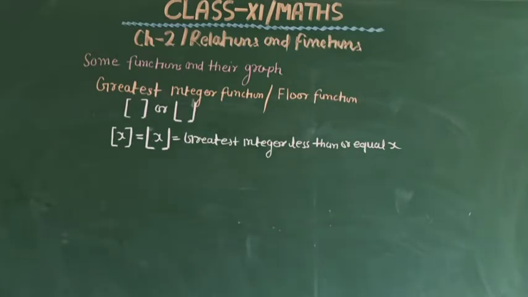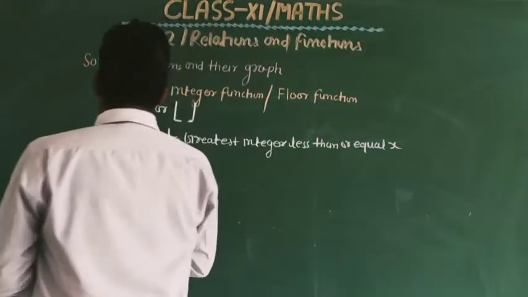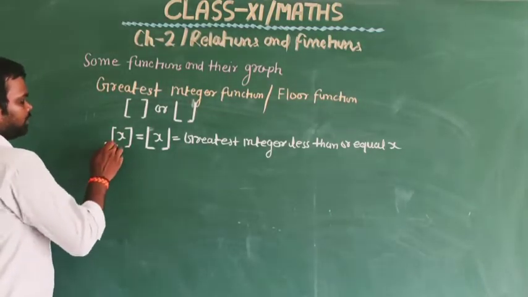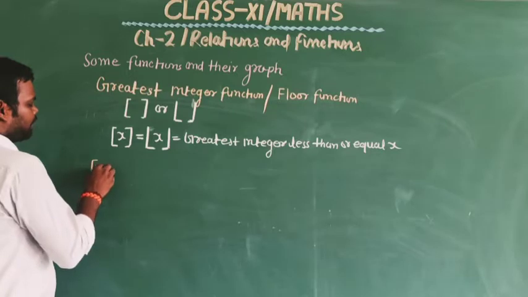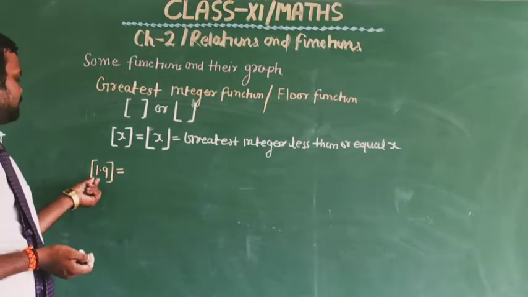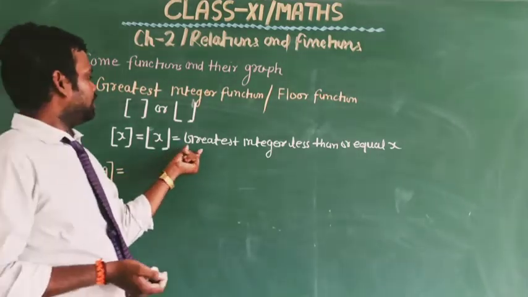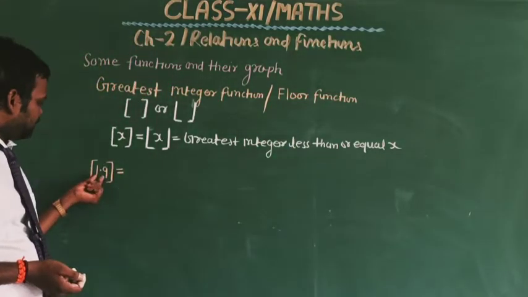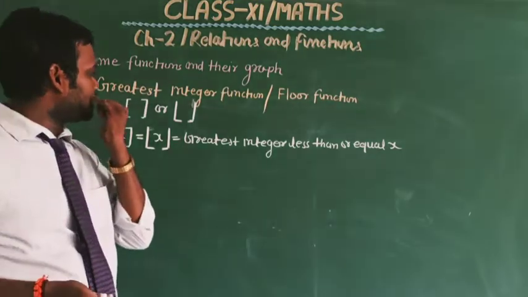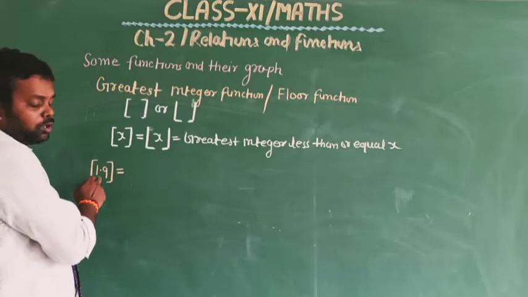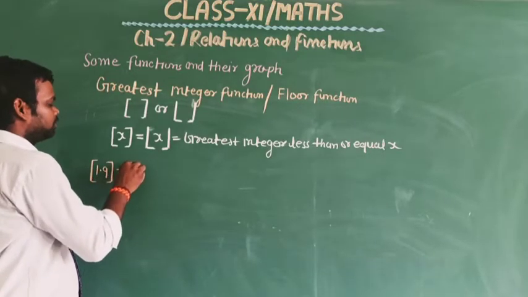Let us take an example to understand this concept very clearly. What is the greatest integer function? For x equal to 1.9, the greatest integer less than or equal to 1.9 is 1.